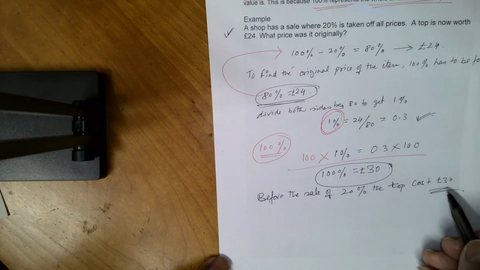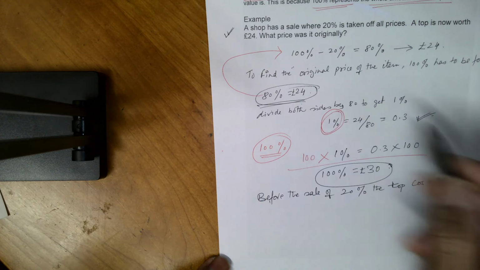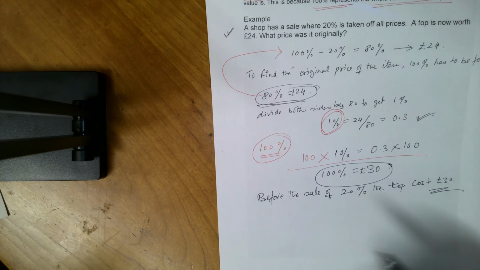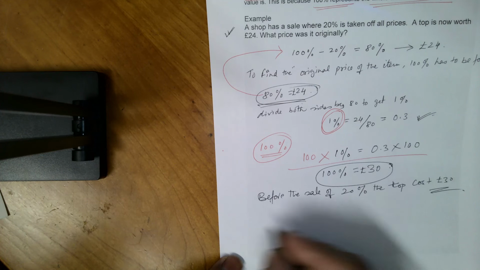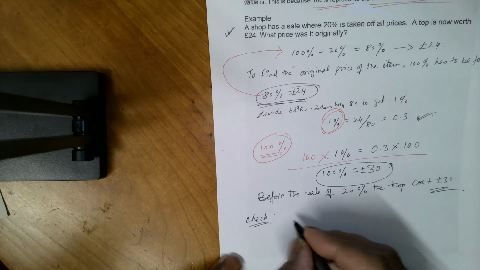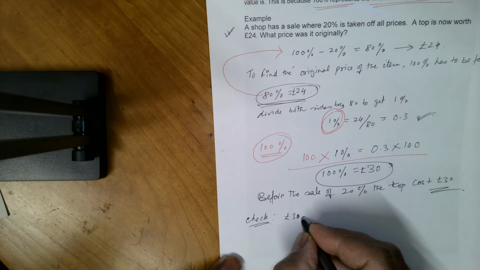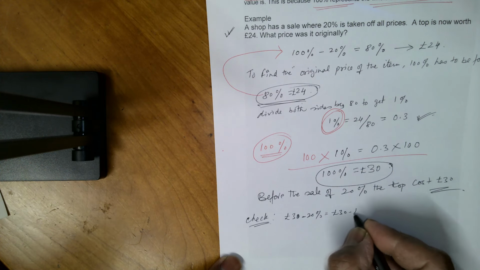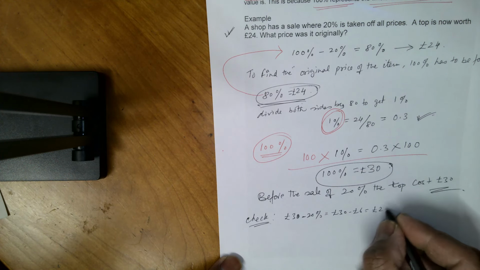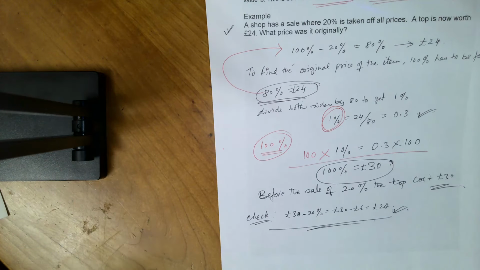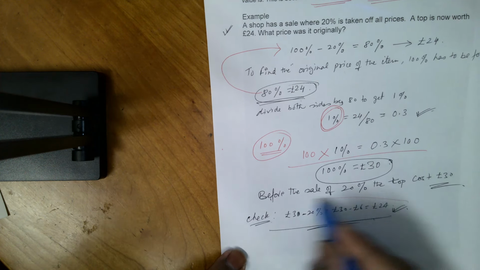If the answer is 24, then the method and the answer we did is correct. So it's £30 minus 20% of that. You can quickly do this, just to check. So £30 minus 20%, that gives you 24. Okay, it's just a quick check.